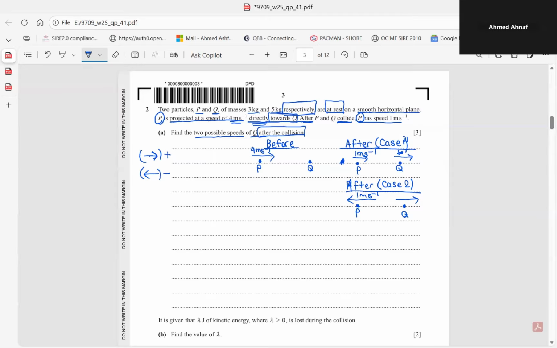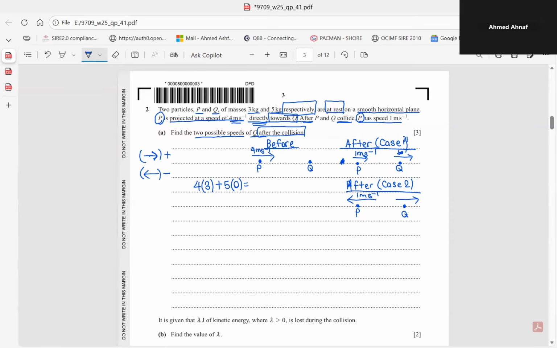So let's find the total momentum before. So that will be 4, which is the speed of P, 4 times 3, the mass of P, plus 5, which is the mass of Q, times 0, which is the speed.